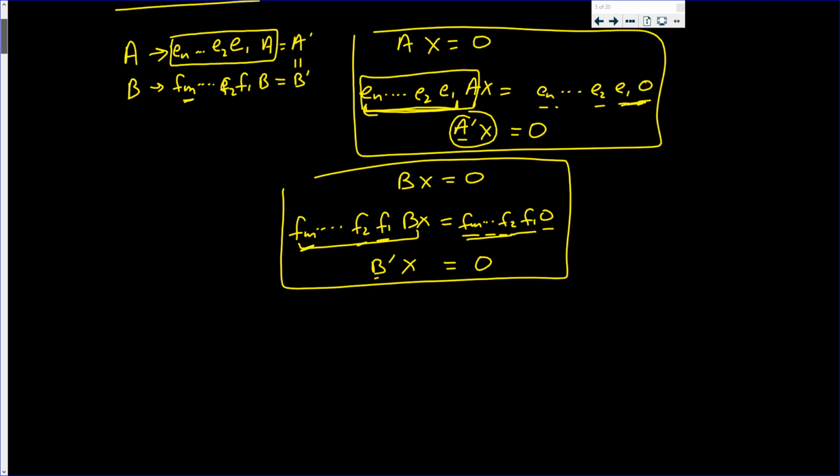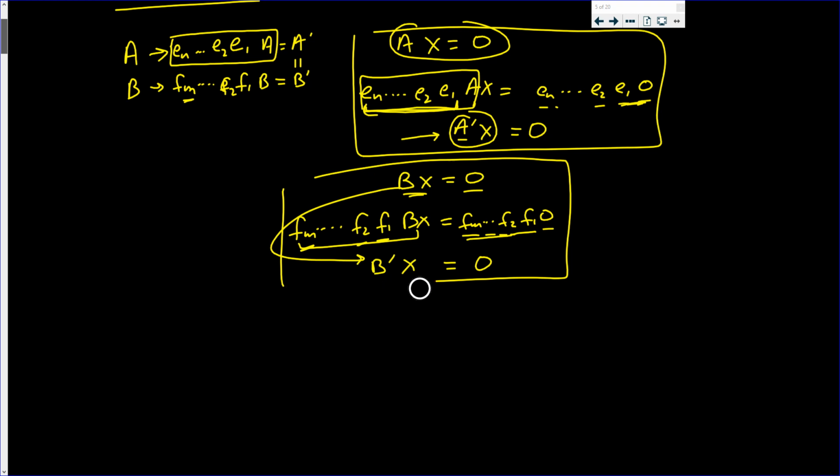Now, if you notice, the solution to AX equals 0 and the solution to A prime X equals 0 are the same. They're going to have the same exact solutions, if any. And the solutions to BX equals 0 are the same as B prime X equals 0.